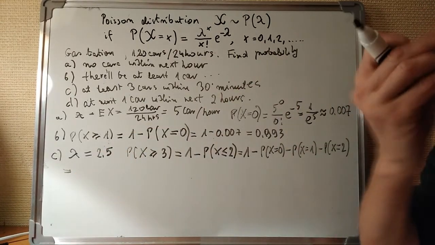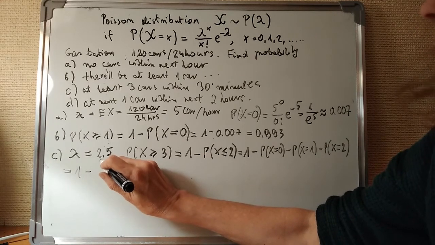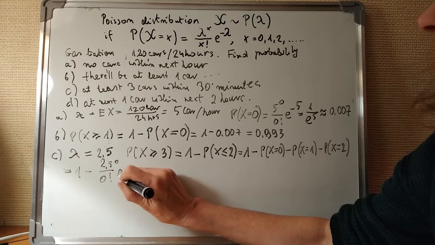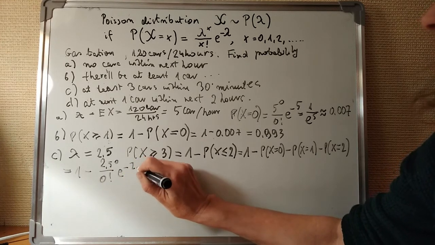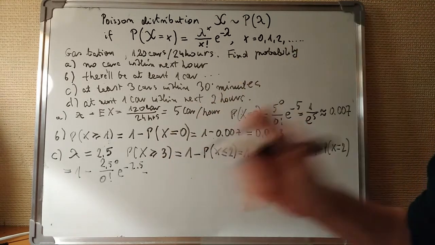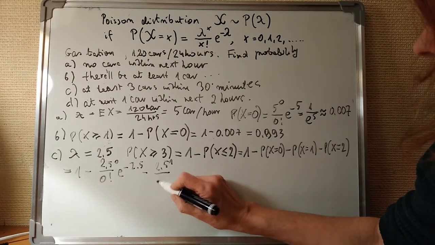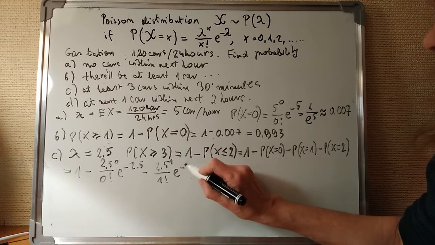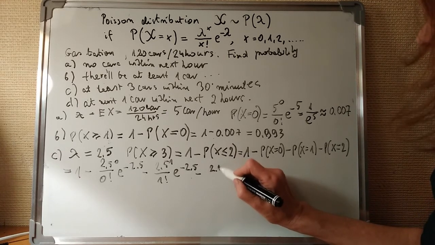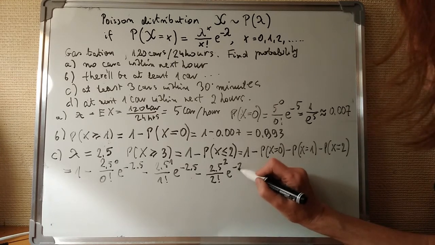Okay, so let's substitute. 1 minus 2.5 to 0 over 0 factorial times e to minus 2.5, minus 2.5 to 1 over 1 factorial e to minus 2.5, minus 2.5 to 2 over 2 factorial e to minus 2.5.